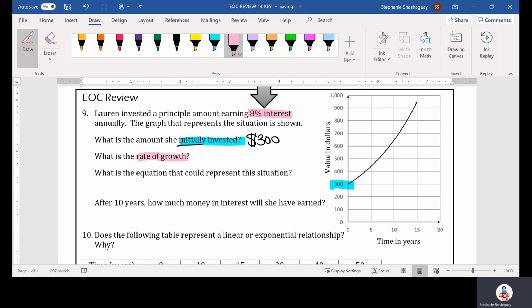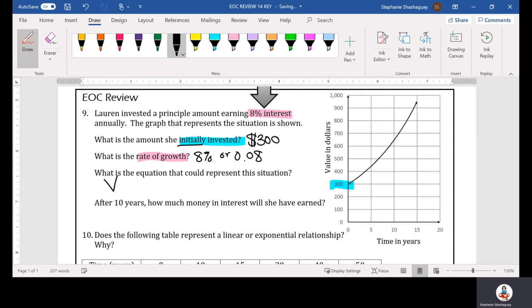What is the rate of growth? Well, the rate of growth is 8% or 0.08. What is the equation that could represent the situation? Remember our equation.